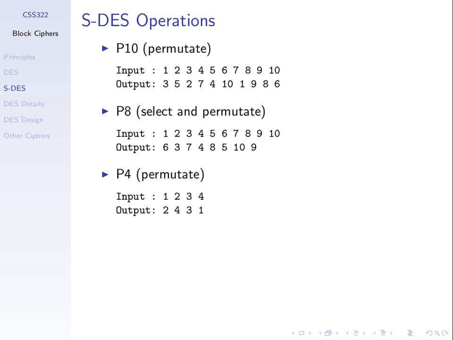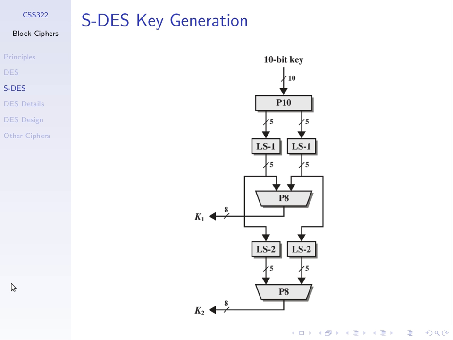Apply P4. 1, 2, 3, 4 becomes 2, 4, 3, 1. That'll be the output of P4, I hope. S0 is 1, 2, and S1 is... P4. Yes.